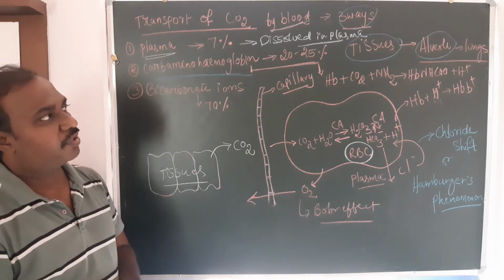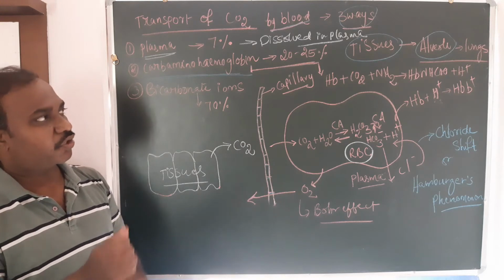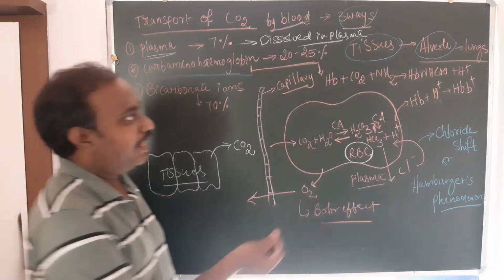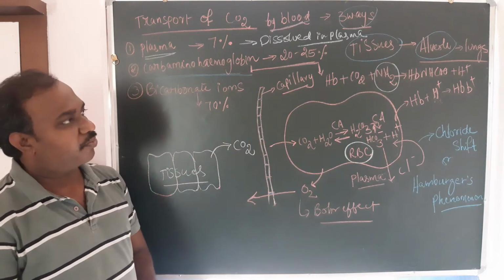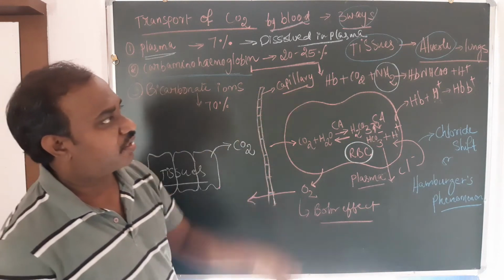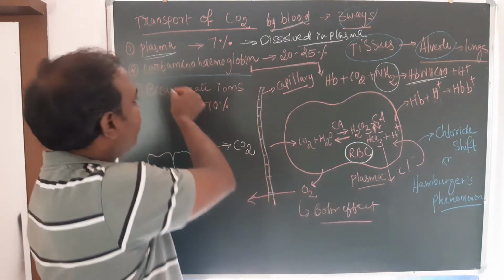Hemoglobin is made of the heme and the globin protein. So here it gets attached to the amino part of these proteins. As a result of that, you get something called carbaminohemoglobin.